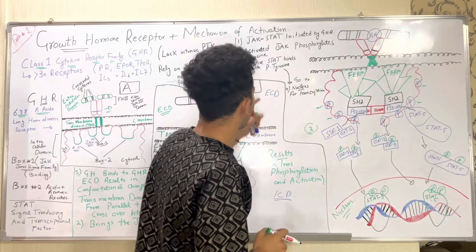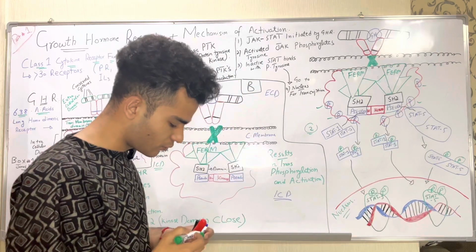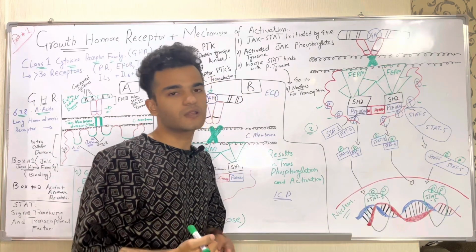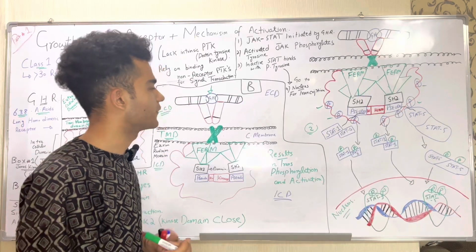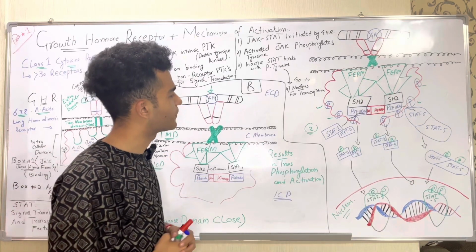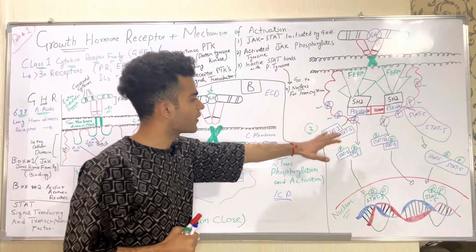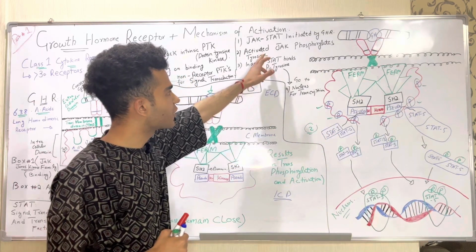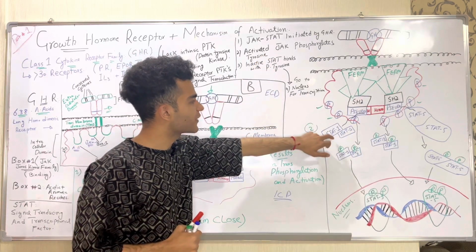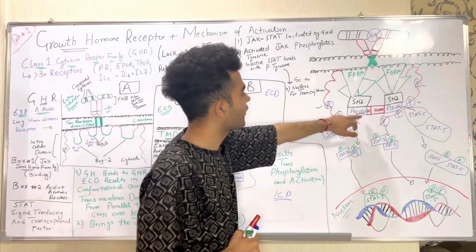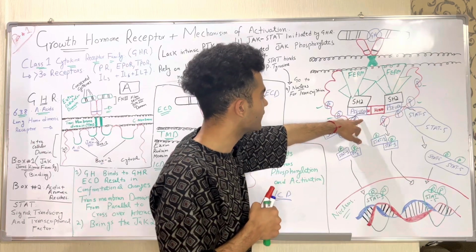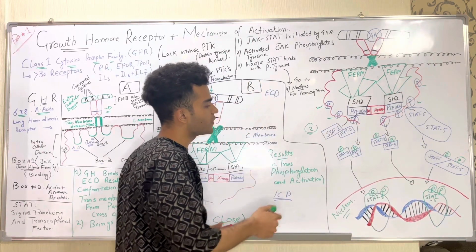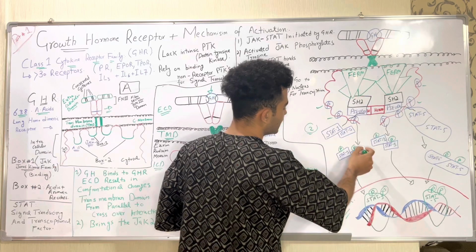This STAT actually has types: STAT1, STAT3, and STAT5. These are firstly inactive, but what will happen when the phosphorylation occurs? This inactive site will bind with the phosphotyrosine, and there will also be phosphorylation of these molecules.